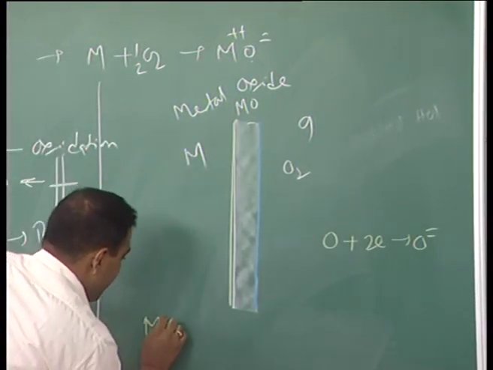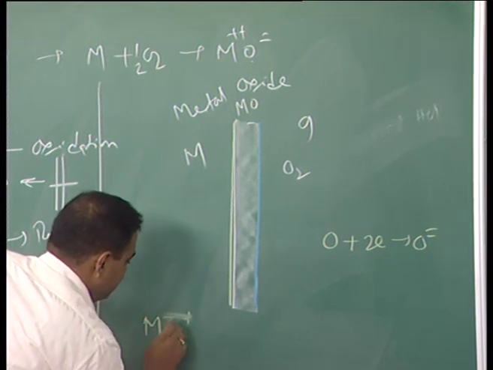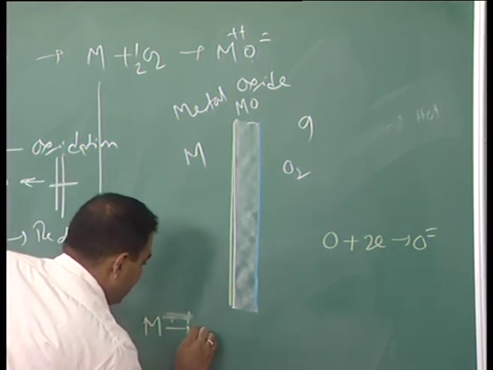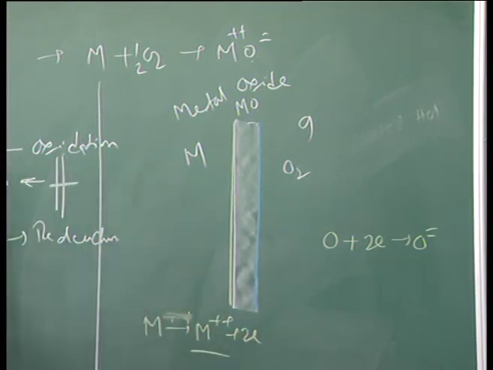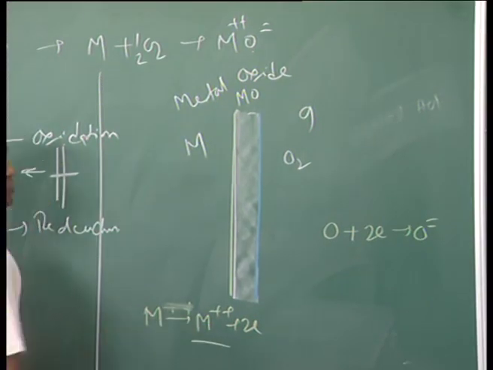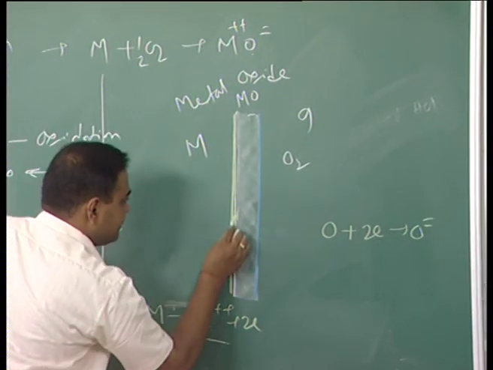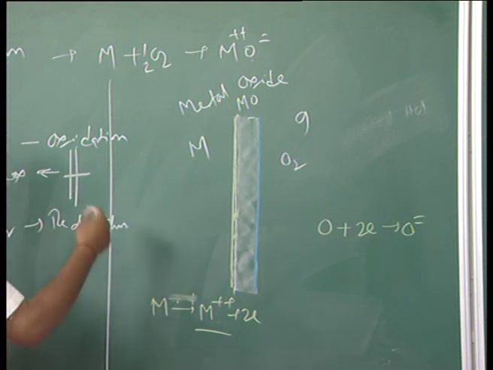Also here, from the metal you have to take out 2 electrons, then form M++. This process should occur at this interface, which is the metal oxide interface.